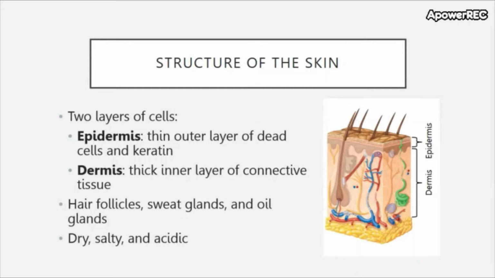And so what we find with the skin is it tends to be very dry, salty, and acidic. And as you all well know by now, dry, salty, and acidic conditions inhibit microbial growth. So, follicles and glands on the one hand cause the skin to be salty and acidic. However, on the other hand, they are portals of entry for certain microbes.